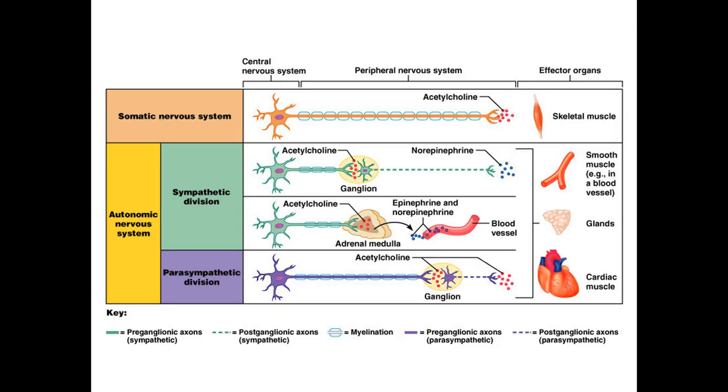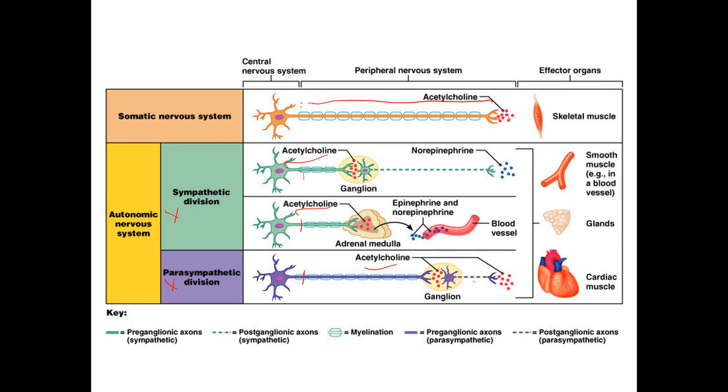And so we end just with this. Here's the somatic, 1 neuron, and it releases ACh, and the effect is going to be stimulatory to skeletal muscle. In the autonomic nervous system, we're going to have 2 divisions, sympathetic and parasympathetic. We're going to have a preganglionic neuron, which we see all releases acetylcholine.